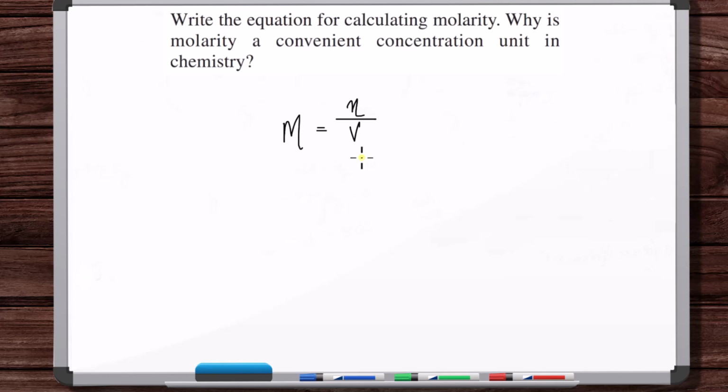And the result is you're going to have a certain number of moles of sodium chloride per liter of solution. Now, there's a couple things to note here.